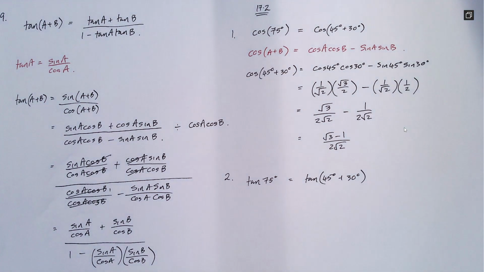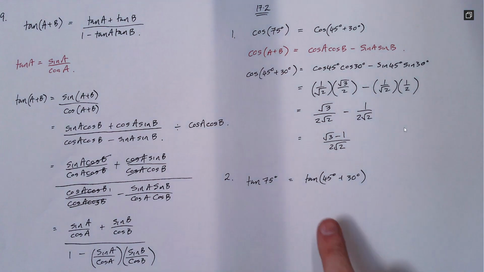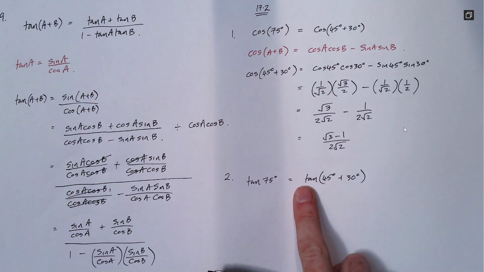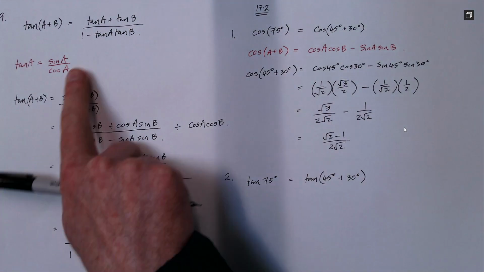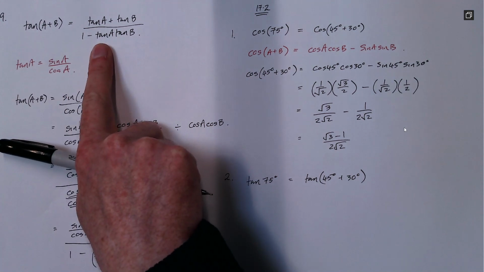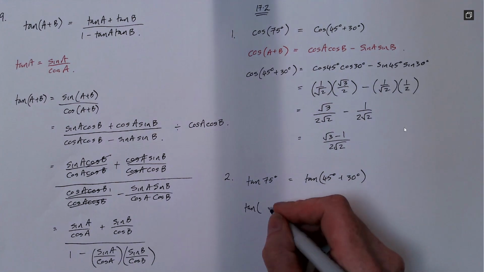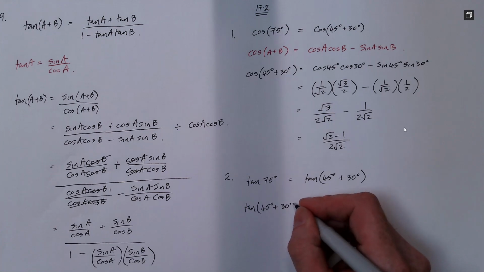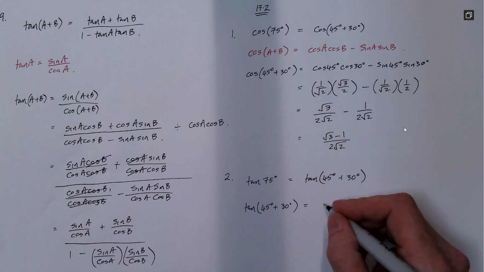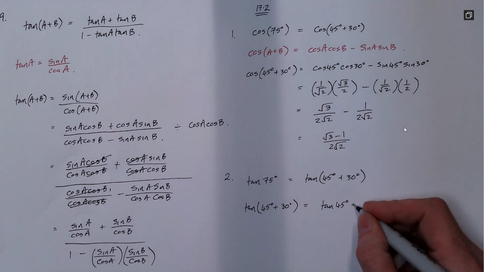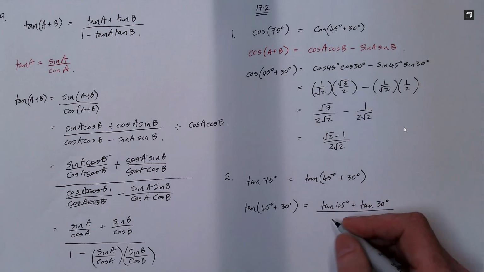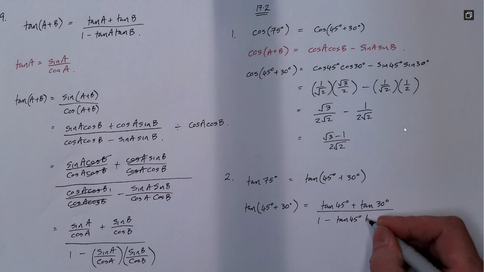You will find 45, 30, 60, 90 in the lower table of angles. Hence tan 75 uses the formula tan of A plus B equals tan A plus tan B over 1 minus tan A tan B. So tan 45 degrees plus 30 degrees equals tan 45 degrees plus tan 30 degrees over 1 minus tan 45 times tan 30.